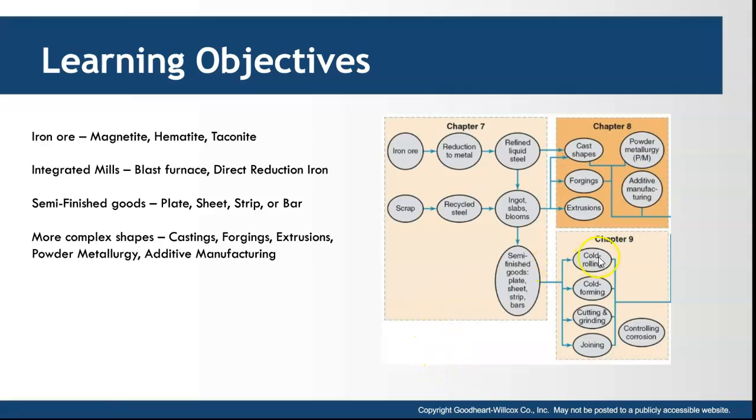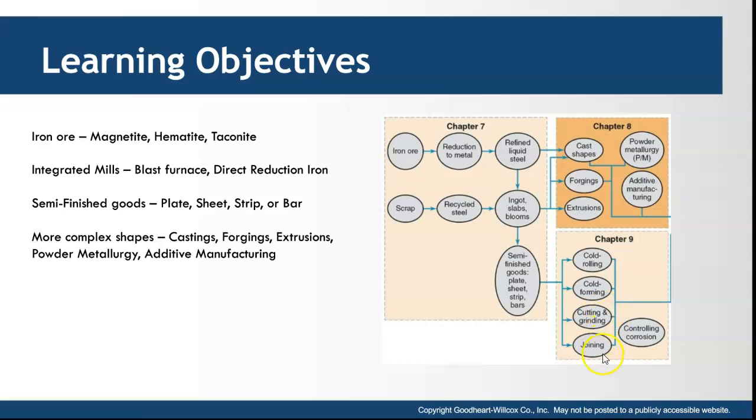We're going to be talking about how we can take any of these more complex shapes or the semi-finished goods and continue to refine and process those down into the usable parts that we need for our complicated assemblies that we work on every day. So in chapter 9 here, we're going to be going over cold rolling and cold forming.